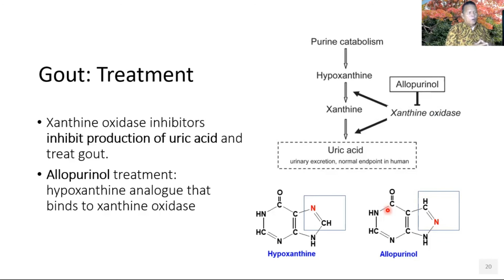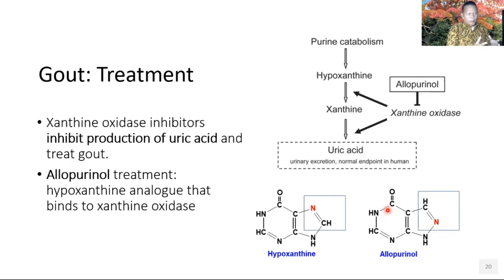Xanthine oxidase inhibitors inhibit production of uric acid and treat gout. Because in discussing gout, this is related to uric acid concentration. So once again, xanthine oxidase inhibitors inhibit production of uric acid and treat gout.